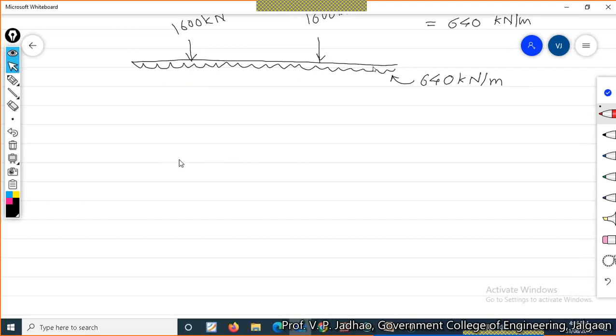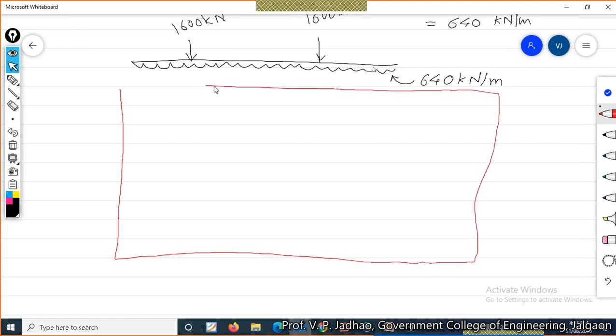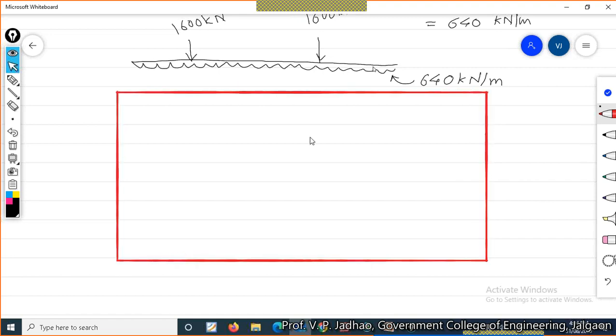Now we have to draw the bending moment and shear force diagram for this beam. So we'll keep some location for drawing the diagrams here. Let us consider this much space is sufficient.